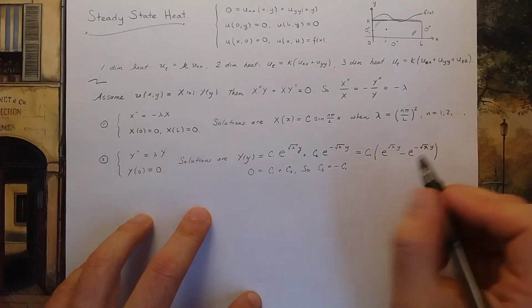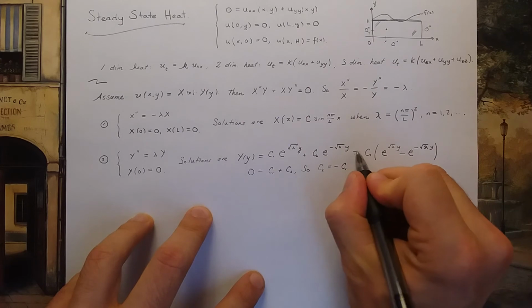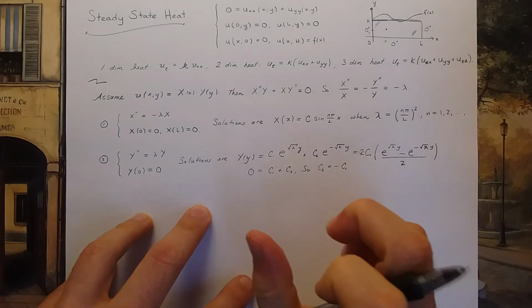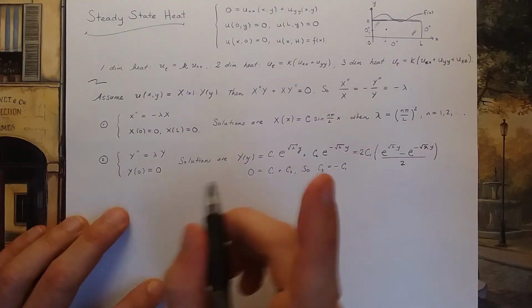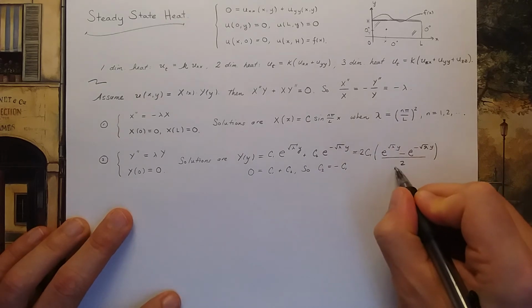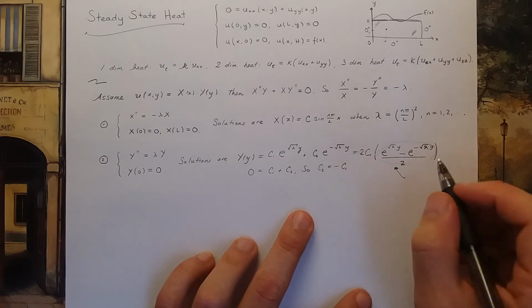Now, I can multiply this by 2 and divide by 2. The reason I do that is because the solutions can be written in the following form. This term right here, inside this parentheses, has a special name.